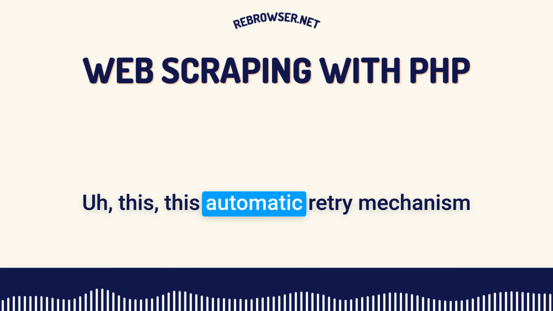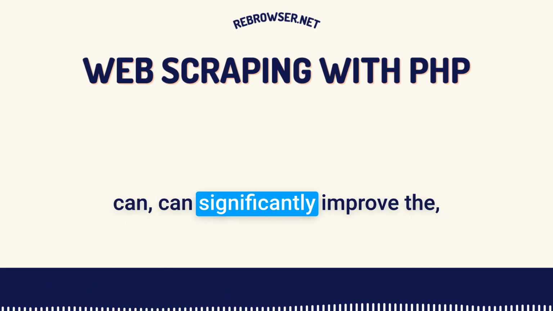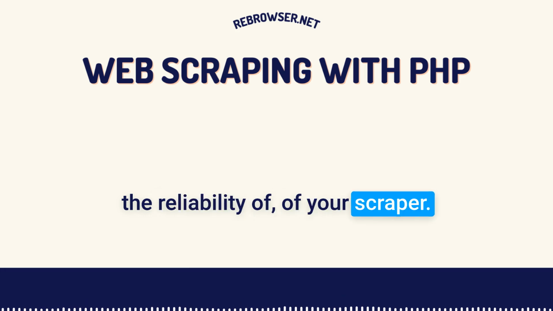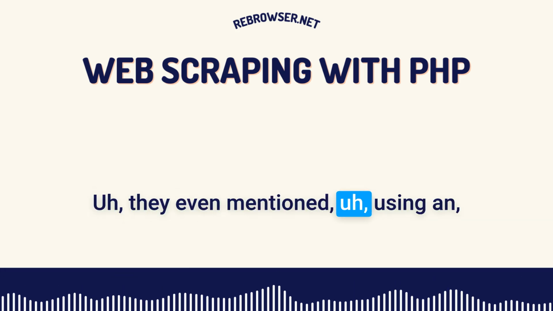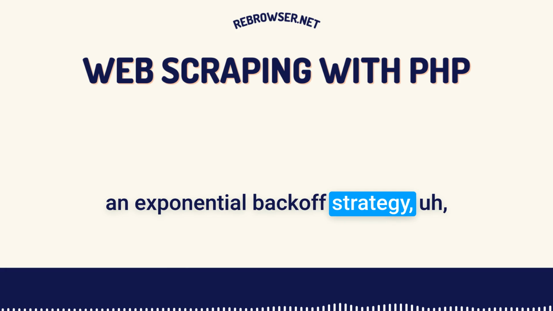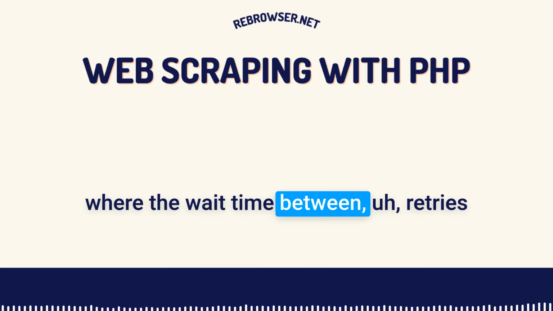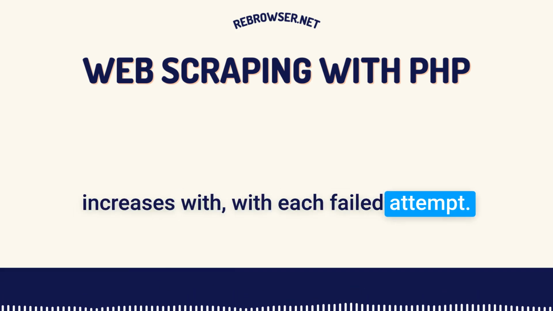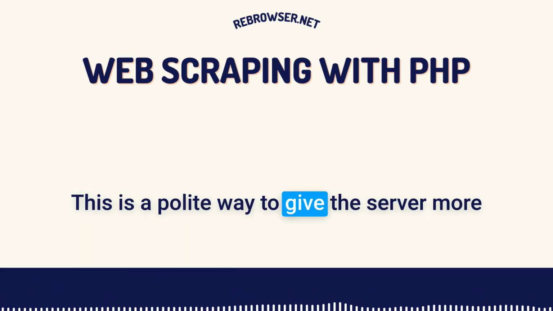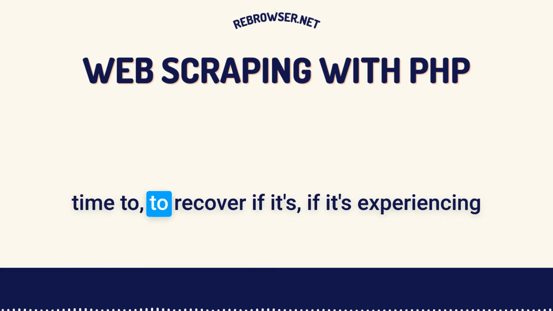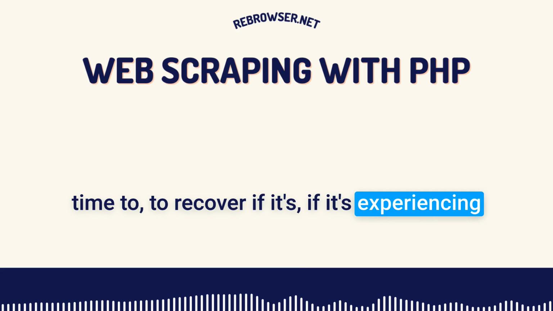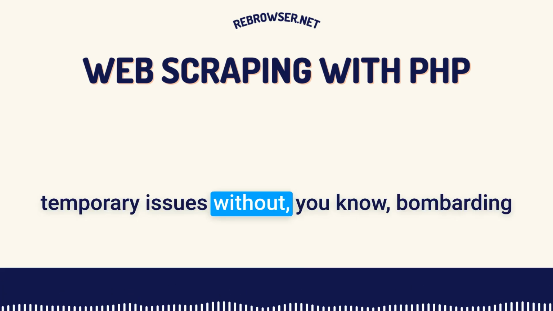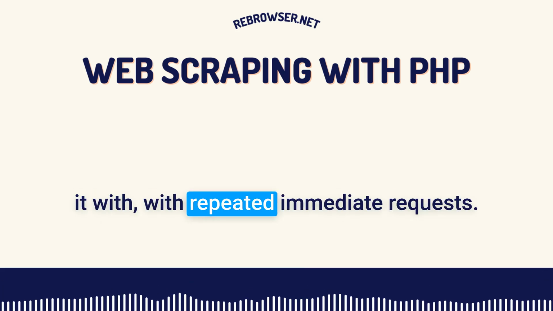This automatic retry mechanism can significantly improve the reliability of your scraper. They even mention using an exponential backoff strategy, where the wait time between retries increases with each failed attempt. This is a polite way to give the server more time to recover if it's experiencing temporary issues without bombarding it with repeated immediate requests.